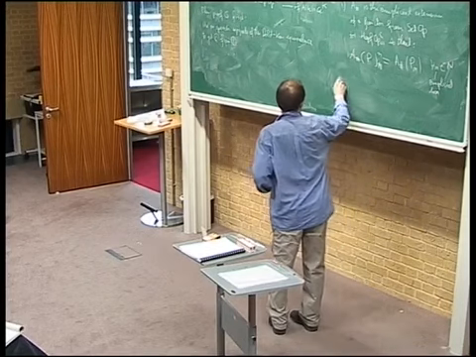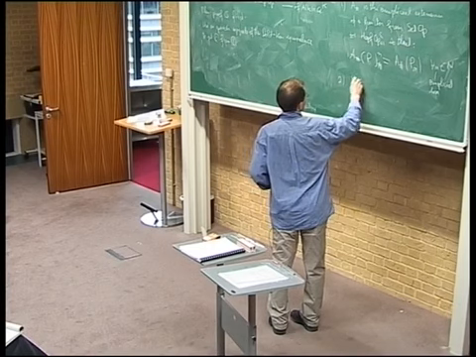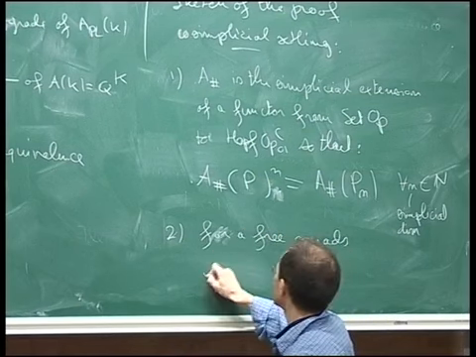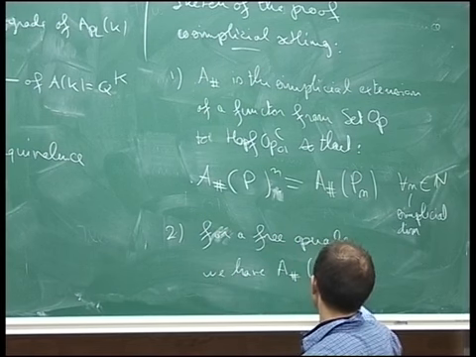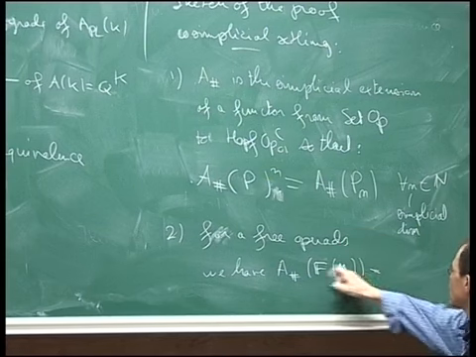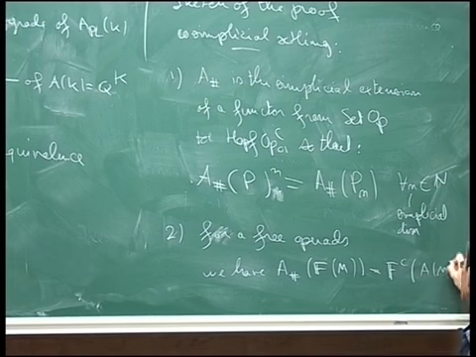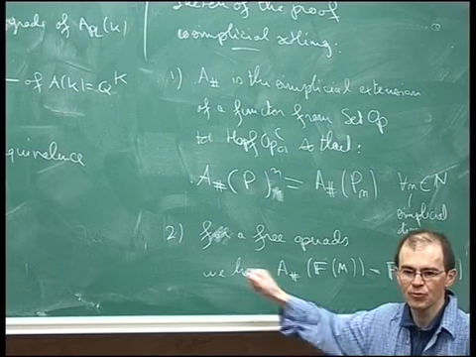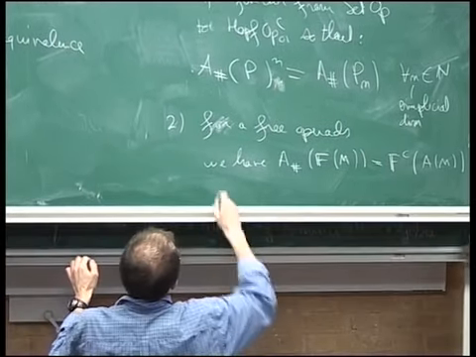The second point is to address the case of free operads. For free operads, we have that A sharp of a free operad generated by some symmetric sequence M is, by adjunction, just the cofree cooperad on A M. This is obvious by adjunction.